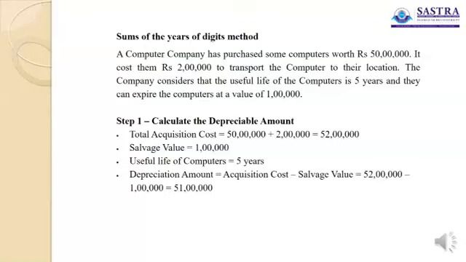It cost them rupees 2 lakhs to transport the computers to their location. The company considers that the useful life of the computers is 5 years, and they can dispose of the computers at a value of 1 lakh.